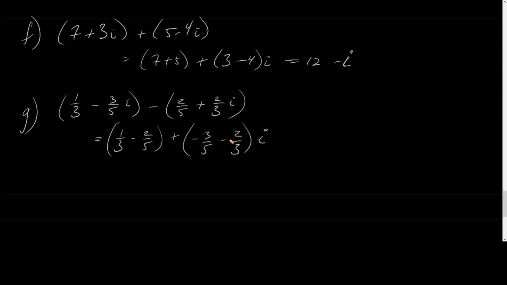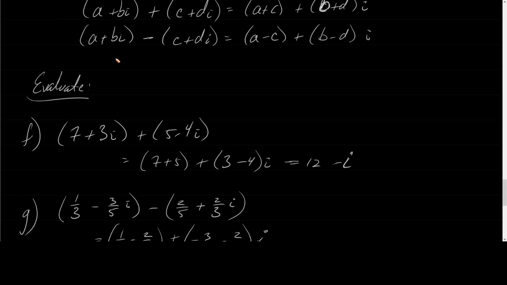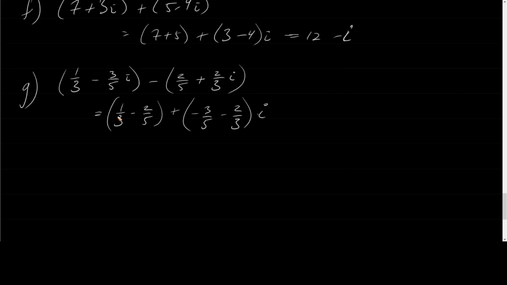And here I'm taking this definition: when we subtract them, it's A minus C plus B minus D. A minus C plus B, where B is negative 3/5, minus D, so minus a positive 2/3, all right?